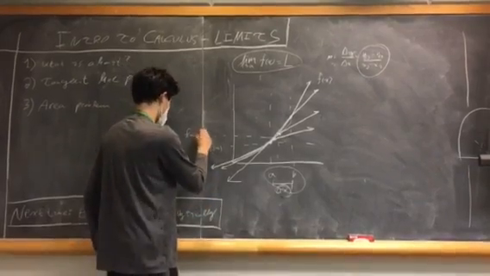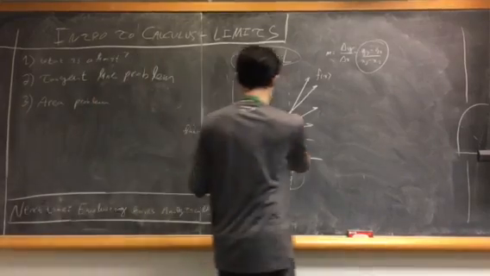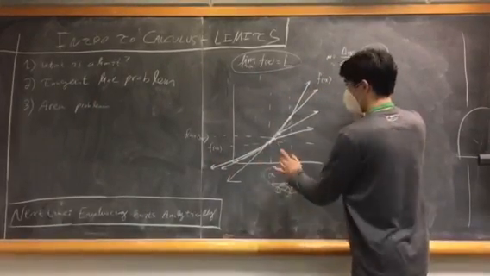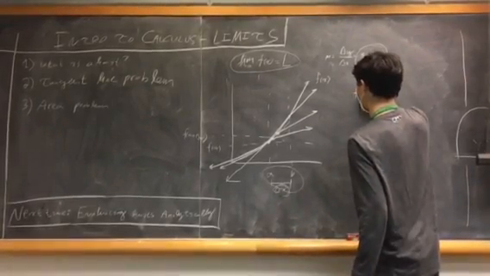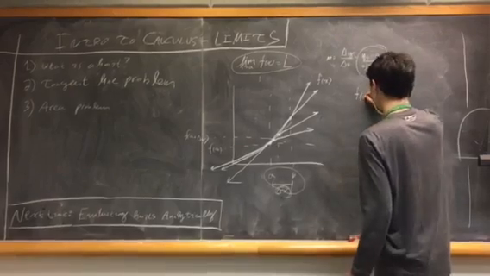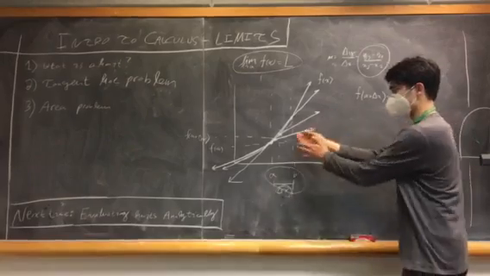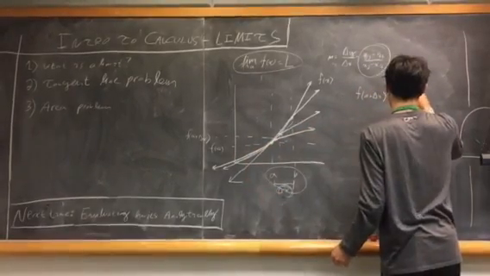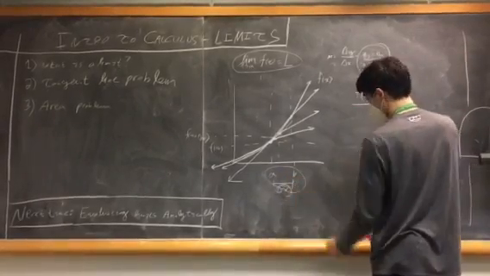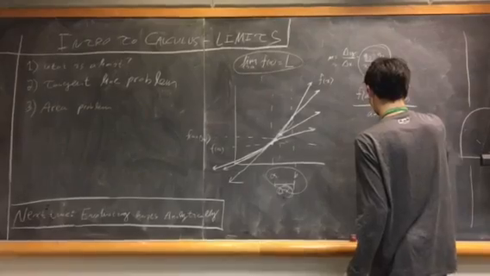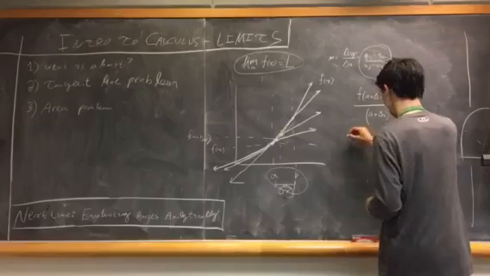So we know the slope of this line between a and a plus delta x, or b, is change in y, delta y, which is f of a plus delta x minus our original y value, f of a, all over our second x, which is a plus delta x, minus our first x value, which is a.